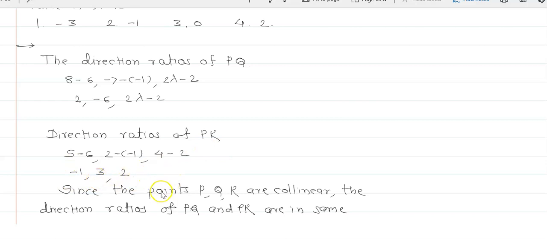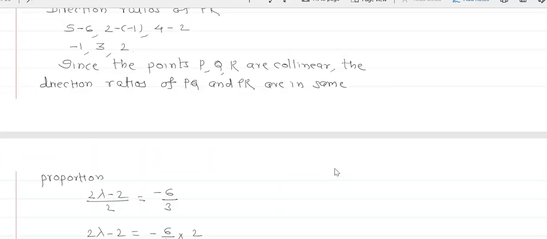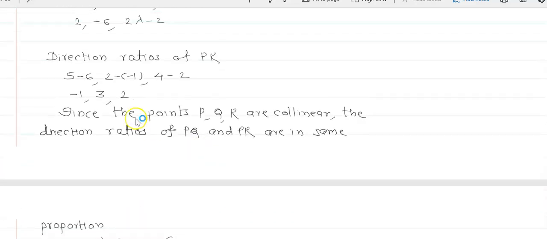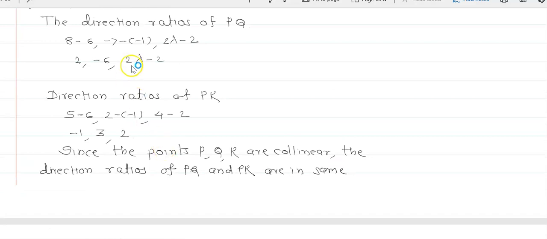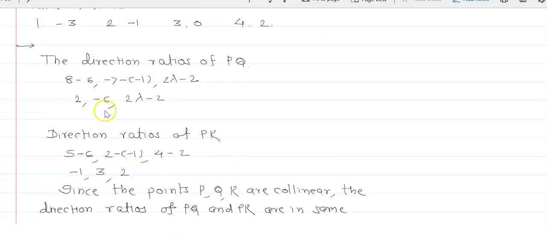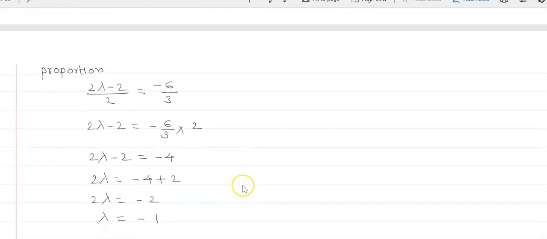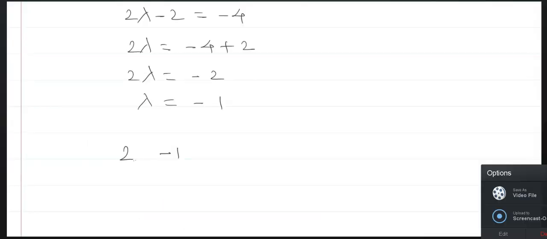Since P, Q, R are collinear, the direction ratios of PQ and PR are in the same proportion, that is, 2 lambda minus 2 upon 2 equals -6 upon 3. Evaluate this and you will get lambda equals -1, and hence option 2 is the correct one.